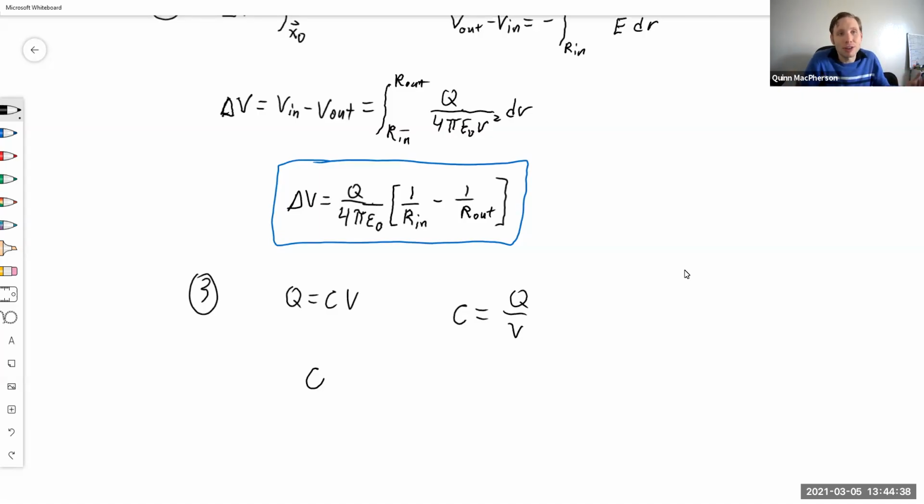They just happen to be a sphere instead of two plates. So capacitance is equal to Q over V, which is Q over Q over 4 pi epsilon naught times 1 over R in minus 1 over R out.